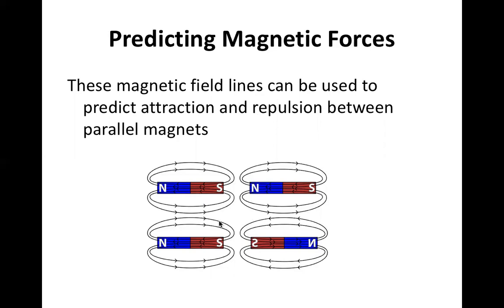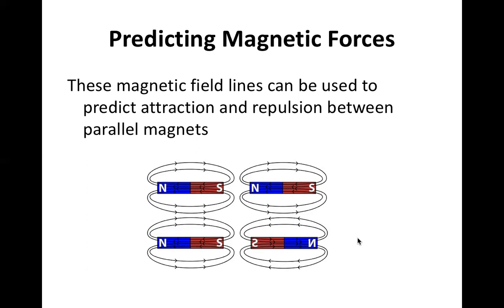If we look over here, we've got the magnetic field lines pointing towards south here and towards south here. If we put two compass needles here and here, those two neighboring compass needles would go the same direction. And when magnetic field lines go the same direction, there is repulsion. And we also could just look at the poles, south and south, opposites attract.